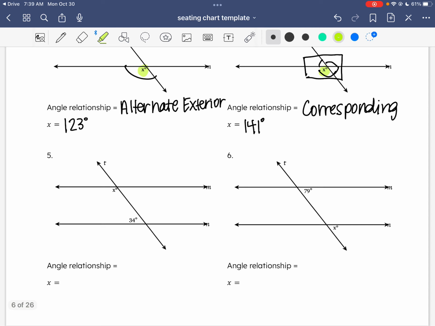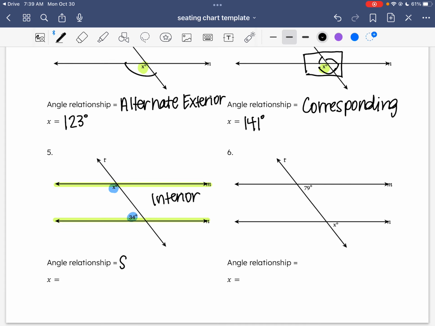This next one, here are our parallel lines. So our two angles are inside the parallel lines, so they are interior. But they are on the same side of the transversal, which means that they are supplementary. So these are same side interior.